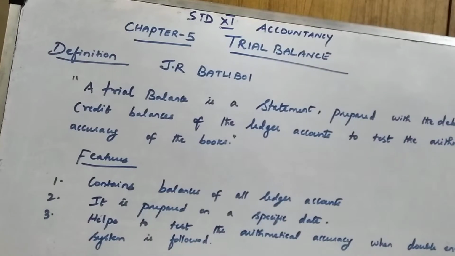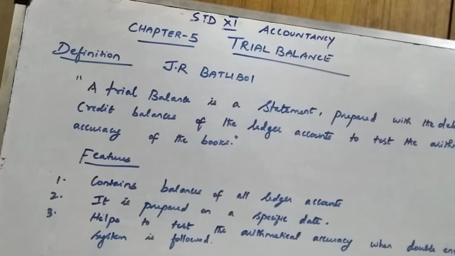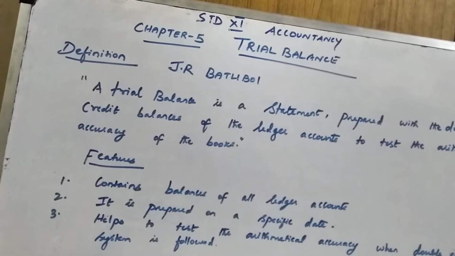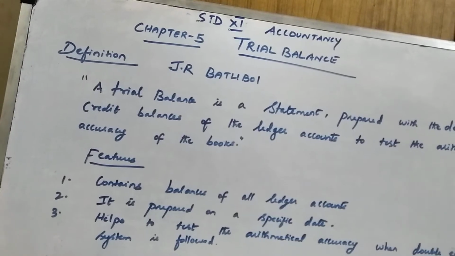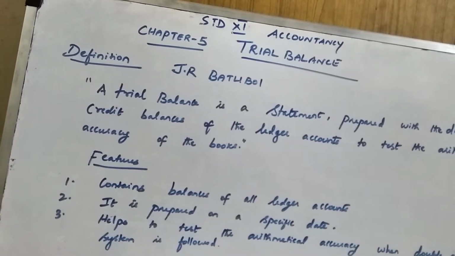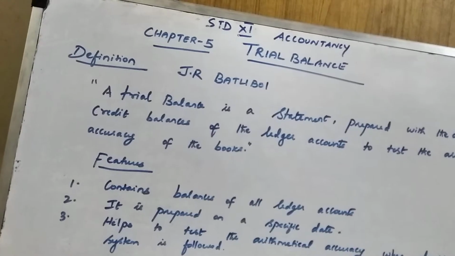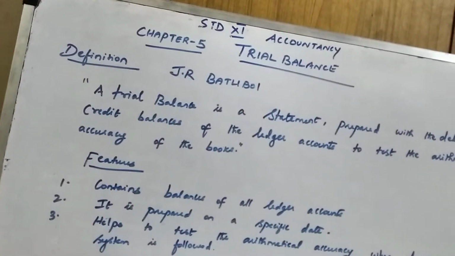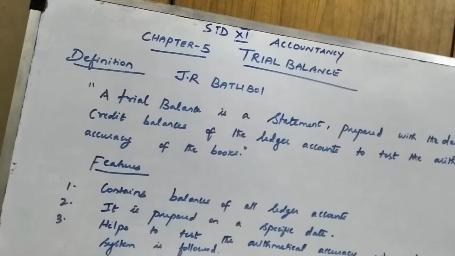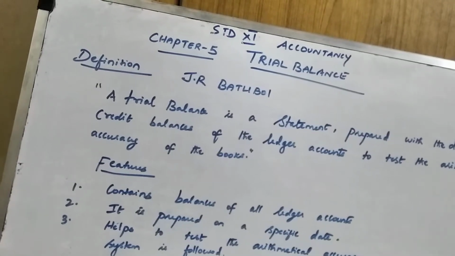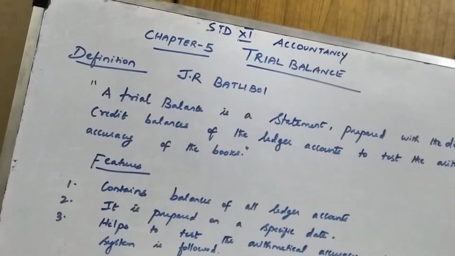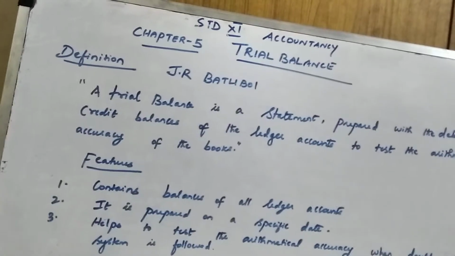So why is this trial balance prepared? In order to check the arithmetical accuracy of our ledger accounts. If you look into the format, you have the serial number, the name of the account, debit column, and credit column.